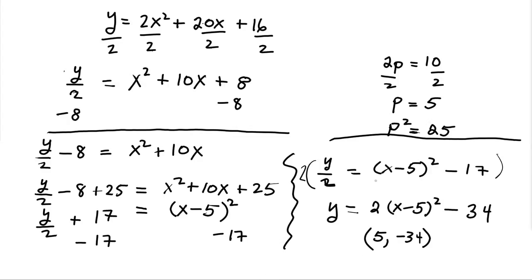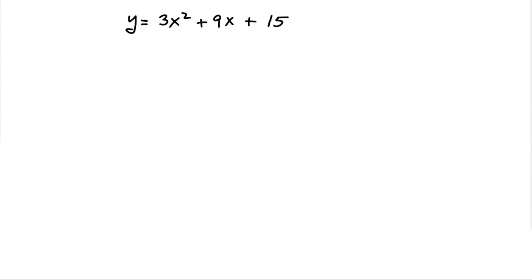Okay, all right, one more. Again, I have a leading coefficient, so I have to divide it out. I'm going to move over here a bit so I have more room.